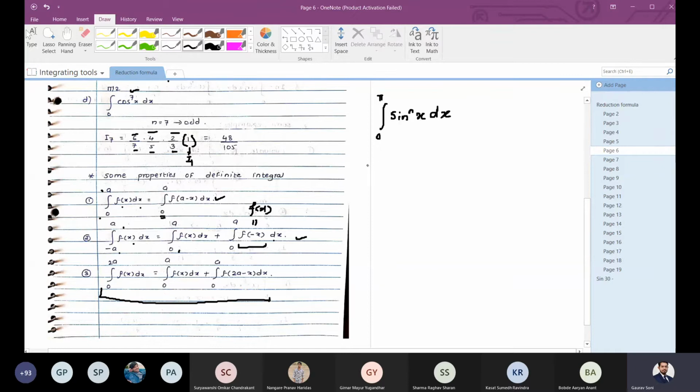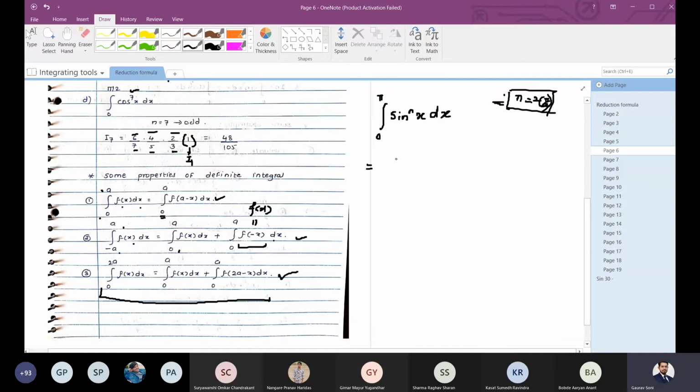By this property, pi is nothing but 2 times pi by 2. Okay, I've written this so that you will be able to relate this with this property.